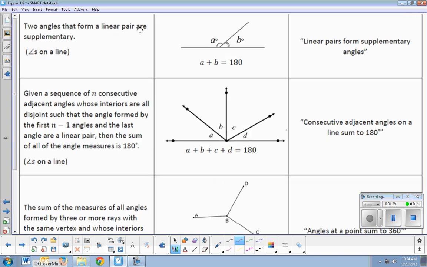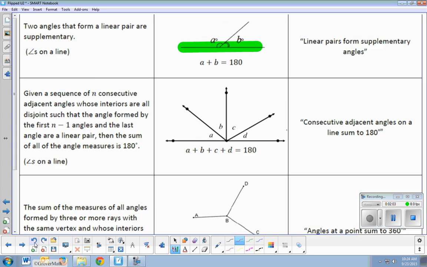Two angles that form a linear pair are supplementary. This is huge. This is something that you should know, but it is used a tremendous amount this year. Now, a straight line has an angle measurement. A lot of times we don't think about straight lines as having angle measurements, but if we were to make an angle mark there with a point in the center, that's half a circle. That's 180 degrees.